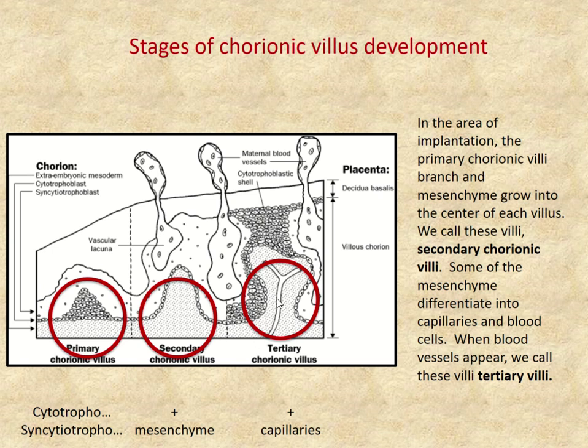And then as capillaries grow inside the mesenchyme, we refer to that as a tertiary chorionic villus, and that's the end of the development of these villi. So these villi are going to develop into the placenta, or the fetal part of the placenta, and so they're very important for establishing circulation with the mother.